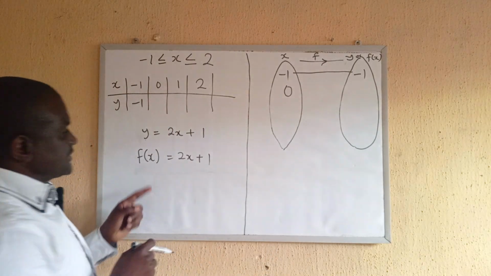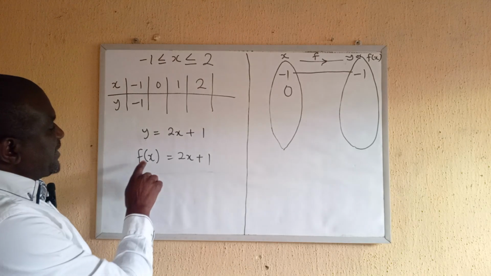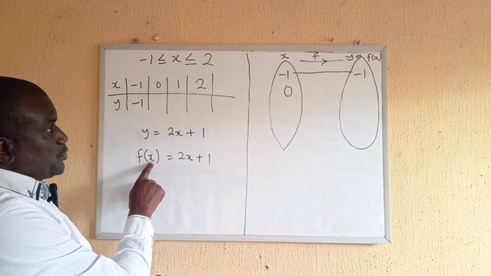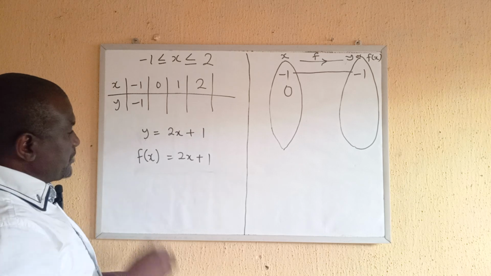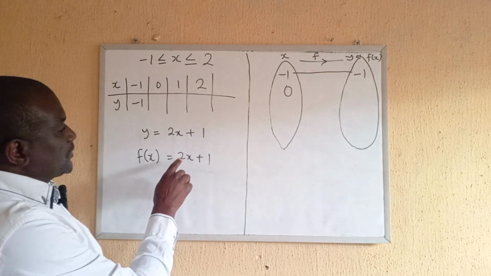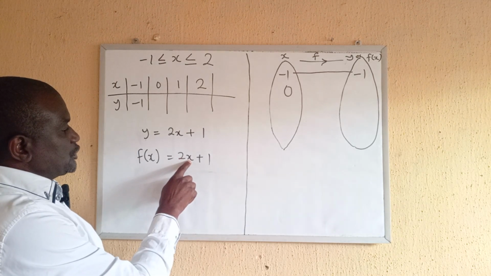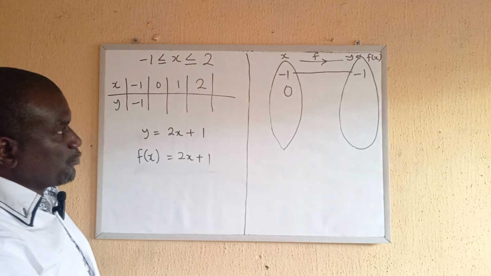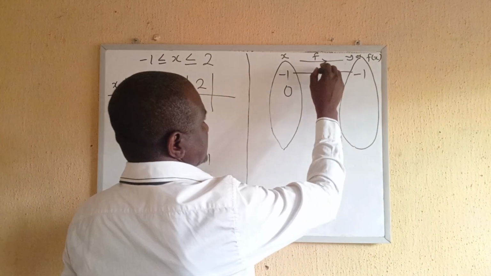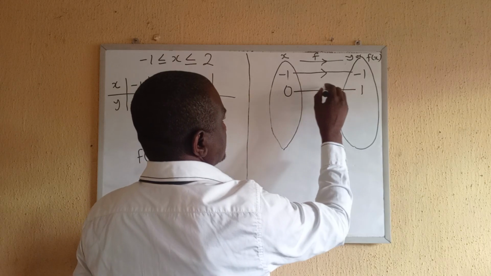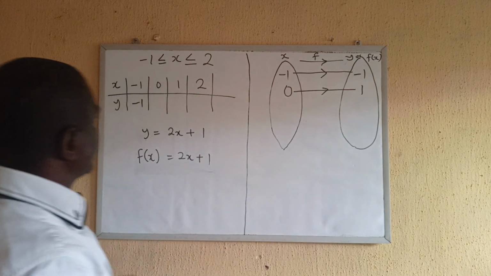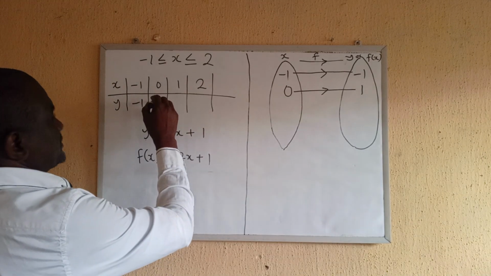So if our x is 0, which is the domain, what will be our codomain, which is the dependent variable? So we have 2 times 0 is 0 plus 1, we have 1. So here we have 1. There's an arrow here. So this is mapping 1.